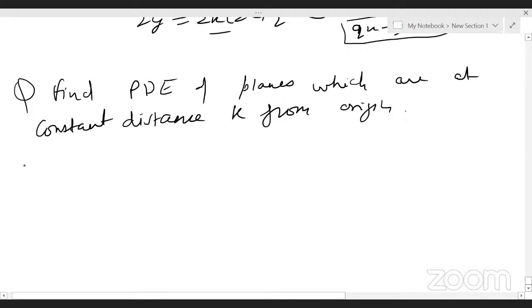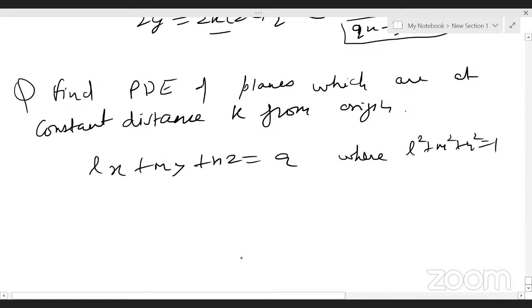So again, knowledge from 3D: the equation of any plane is lx plus my plus nz is equal to a, where l, m, n are actual direction cosines, that is l square plus m square plus n square equal to 1. You can write it like this, or you can also write ax plus by plus cz.